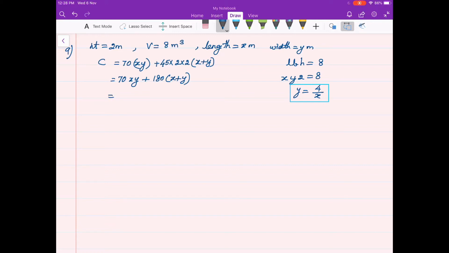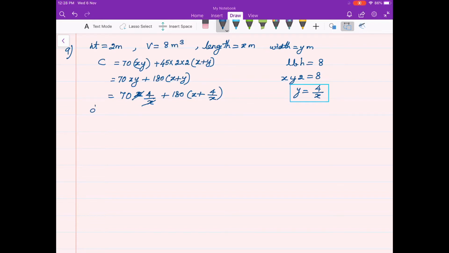Let us substitute: 70 times y, which is 4 divided by x, plus 180 times x plus 4 divided by x.